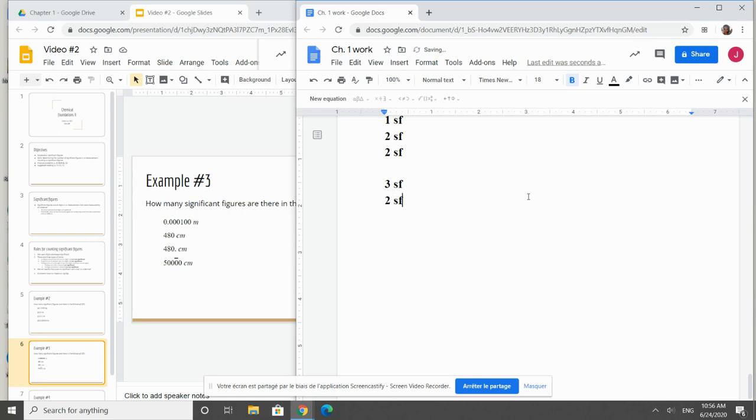That 0 is trailing with a whole number. 480 dot, that dot shows that that 0 is significant, so that has 3 sig figs. And then the 50000, that has 4 sig figs. The reason why is because the bar over that 0 makes it significant, which makes the zeros between the 5 and the 0 with the bar also significant since they're captive, and the one to the right is trailing with a whole number.